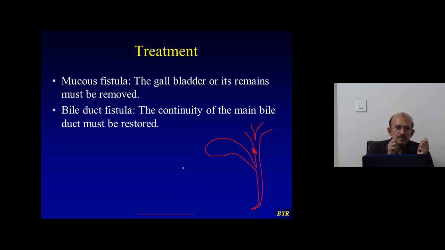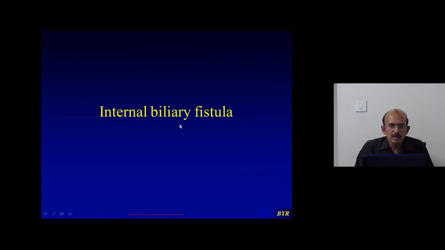But in this process, you have included the pancreatic tail also, which you have not noticed. Then the pancreatic fistula results. If you notice it, then repair the pancreatic duct there. Then there is no problem of pancreatic fistula. So bile duct fistula, the continuity of the main bile duct must be restored.